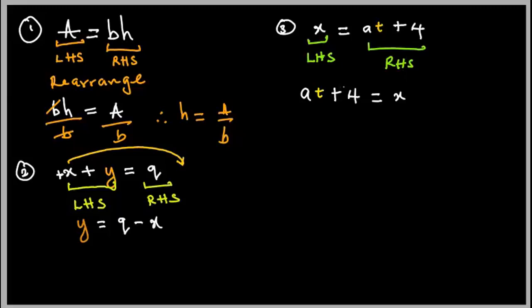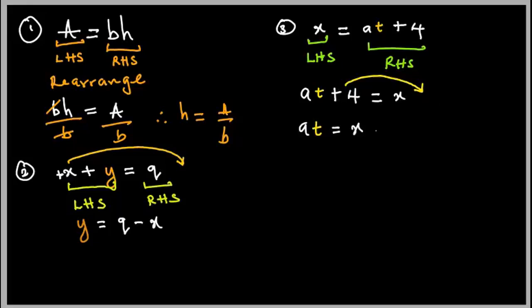So if I cross plus 4 over to this side, I will have AT equals X, and plus 4 is no longer on the left hand side.